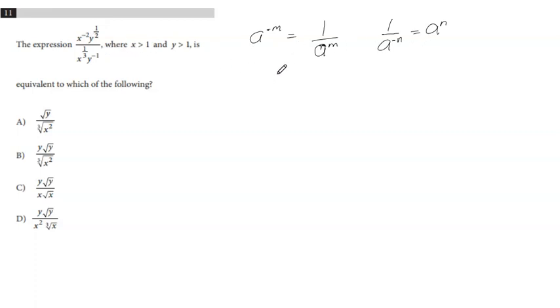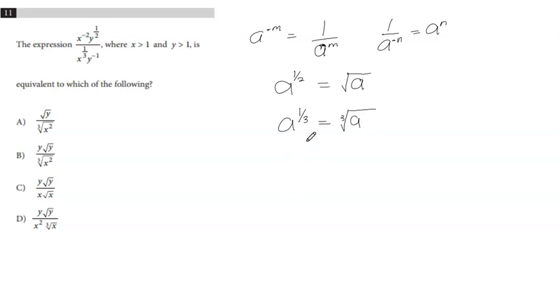Then also, if you have a raised to the power half, that is the same as the square root of a. If you have a raised to the power, let's say 1/3, this is the same as the third root of a.